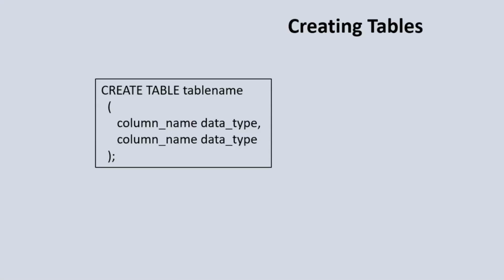The syntax to create a table in SQL is we have the keywords create table followed by the name of the table, and then we open up a parenthesis and we have two arguments. First, what is the name of the column that we want in the table? So we write the column name followed by the data type.